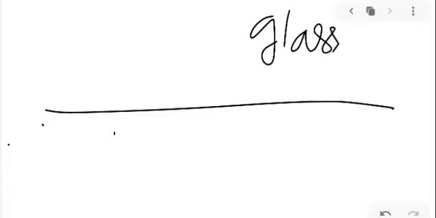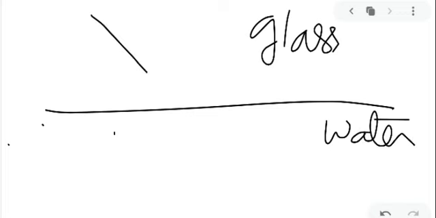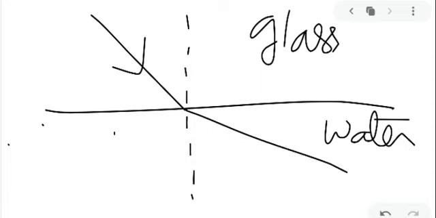Now when light moves from glass to water, the light ray, let me draw the normal here, moves away from the normal.